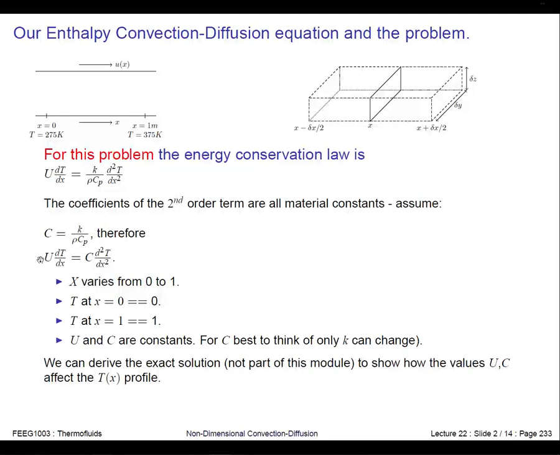And we've got two tunable constants in here. One is U, which if you make U bigger, you're going to have more convection, and you've got C, which is effectively your diffusion constant, and if you make C bigger, your diffusion is going to be stronger. So we can play around with U and C, and we can play around with the temperature profile.